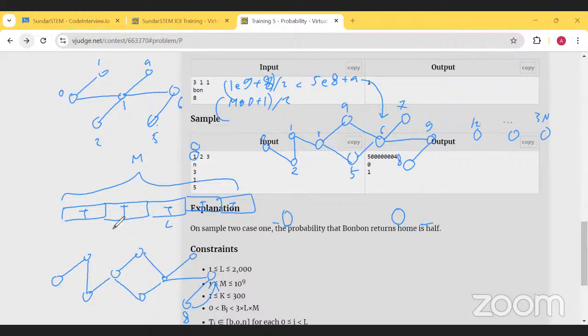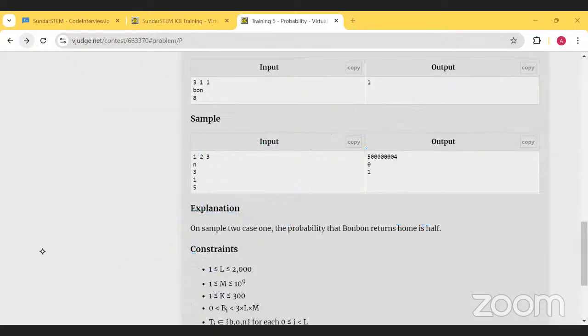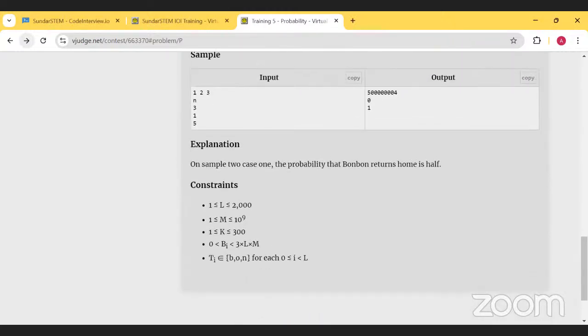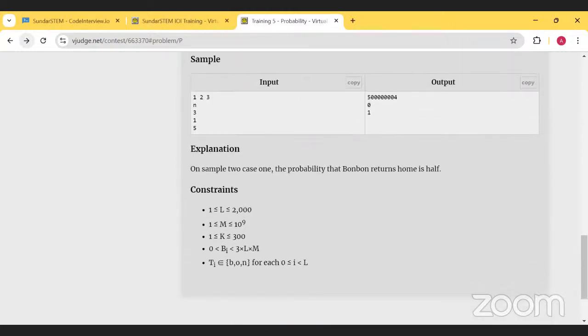Okay, then how to solve this problem? Because if we see in the constraint, the size of L is small, but the size of M is 10 to the power of 9.